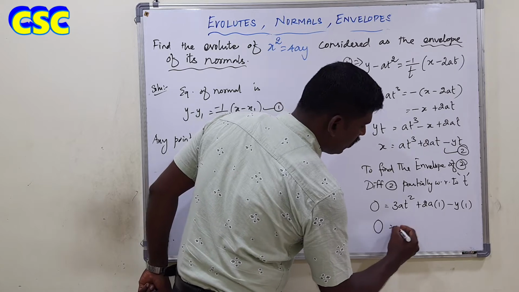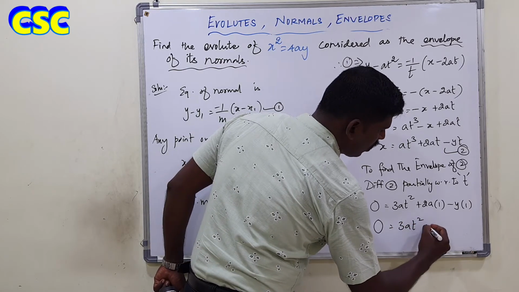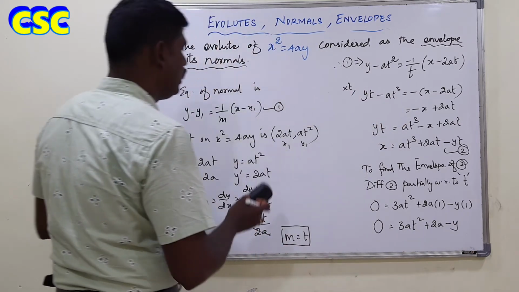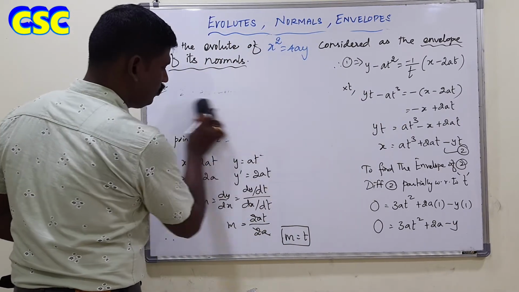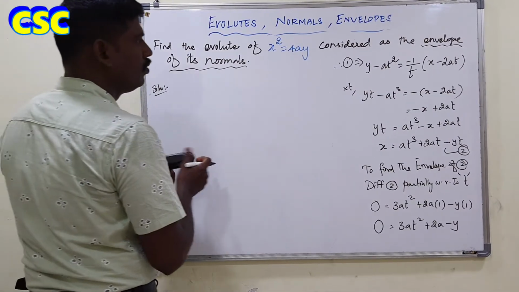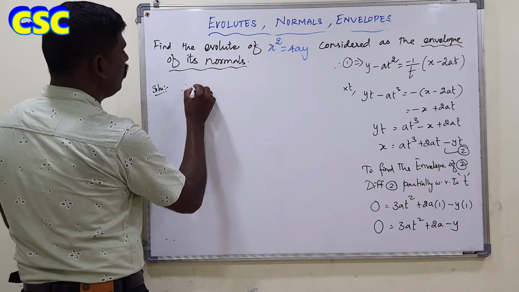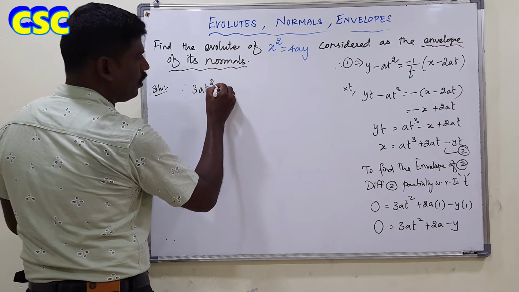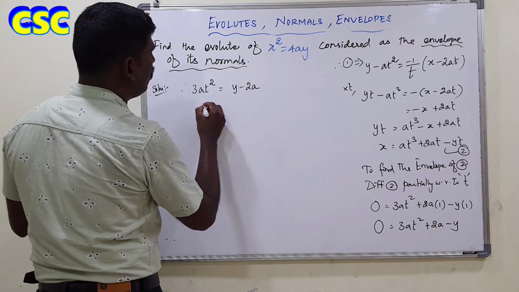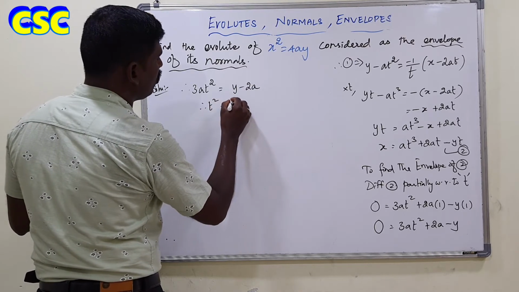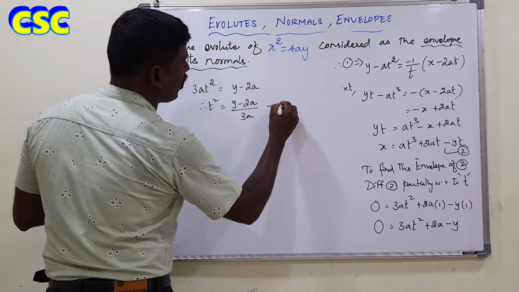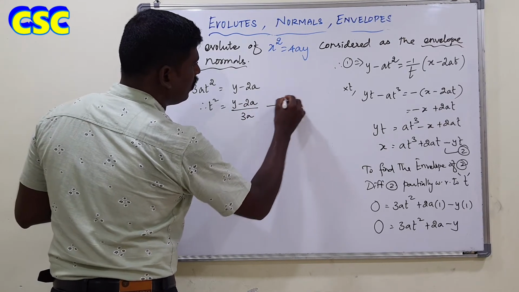So 0 equal to 3at square plus 2a minus y. Therefore, 3at square is equal to y minus 2a. Therefore, t square is equal to y minus 2a by 3a. I call it equation number 3.